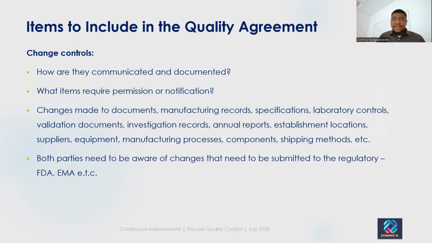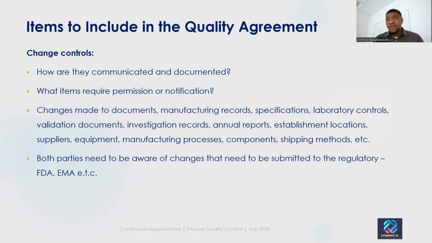This level of detail, right? If it's equipment that has little or no impact, an impact assessment must be done. Once it's done and it has an impact on my process or safety or product quality, I must be notified. All of these things you need to be able to say. And both parties must be aware of the changes that need to be submitted to regulatory.